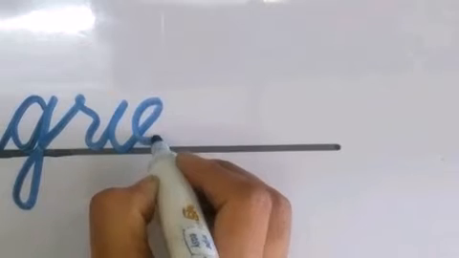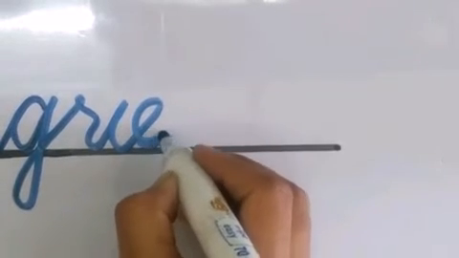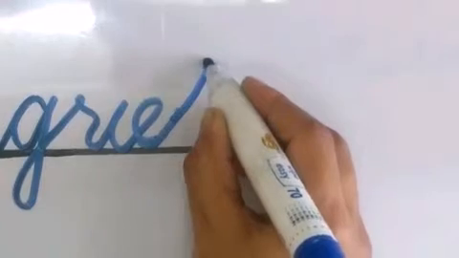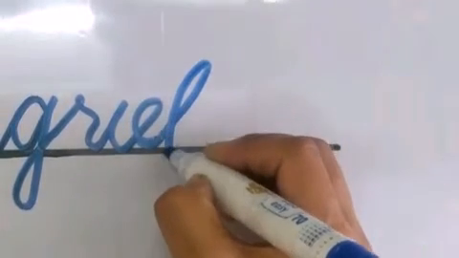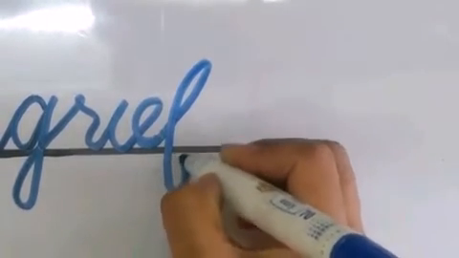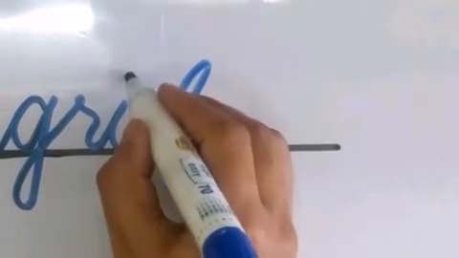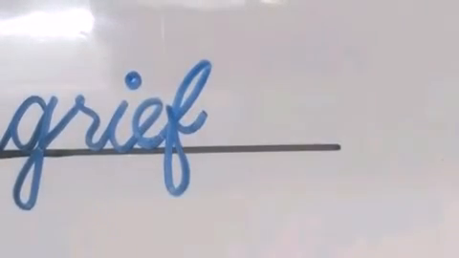Equal distance between the alphabets, and they should be curved while you are writing. F. It's grief.